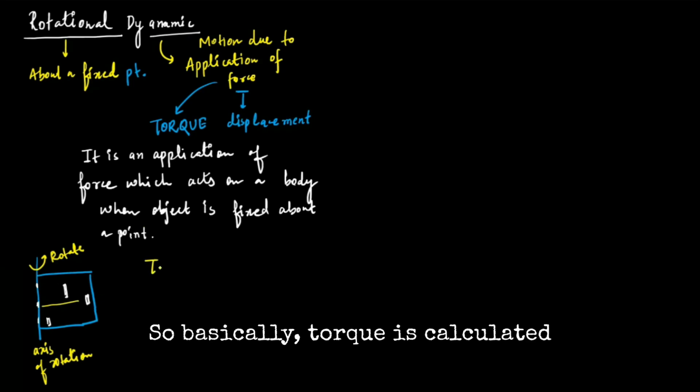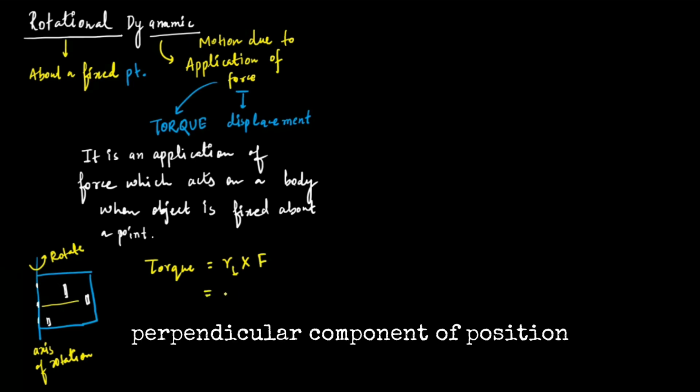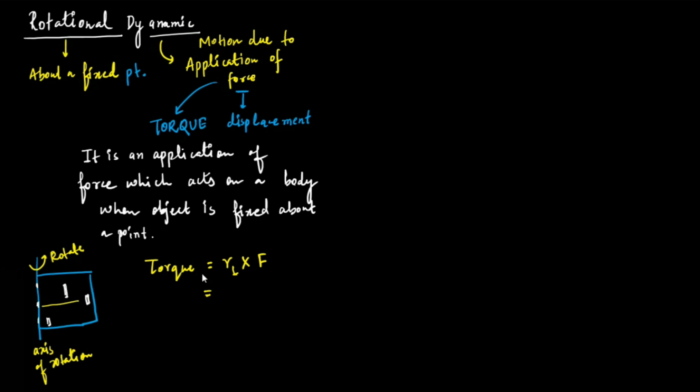So basically, torque is calculated using r cross F. We can also write it as the perpendicular component of position, or the perpendicular distance of the particle, times the force acting on it.